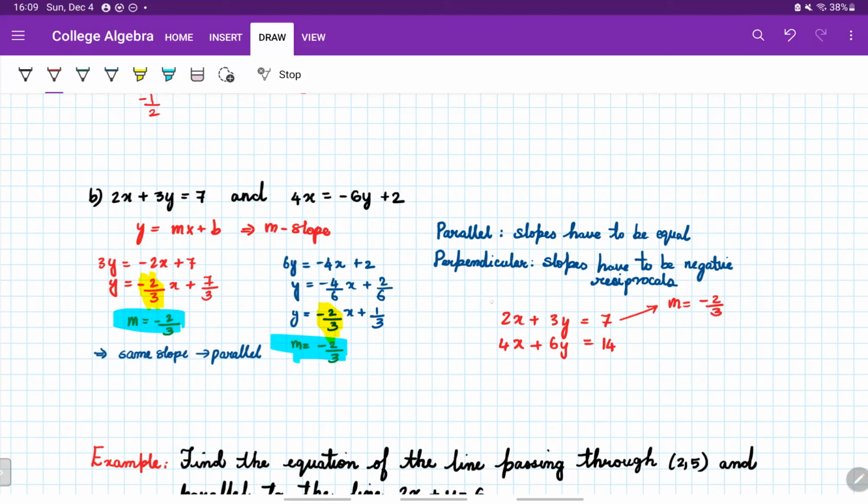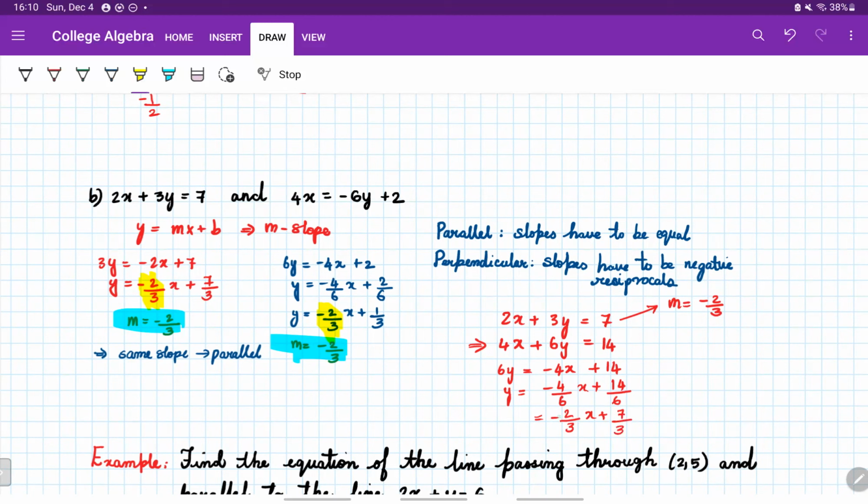And let me try to solve for the slope of the second equation here. That would be 6y equals negative 4x plus 14, and y equals negative 4 by 6 x plus 14 by 6, which would give us negative 2 by 3 x plus 7 by 3.